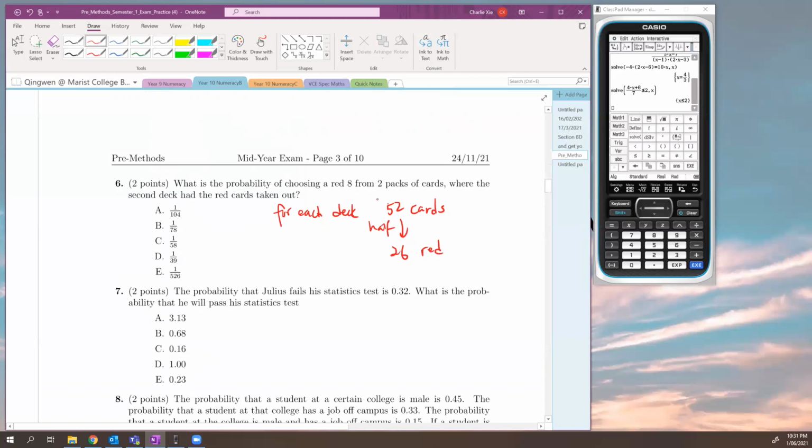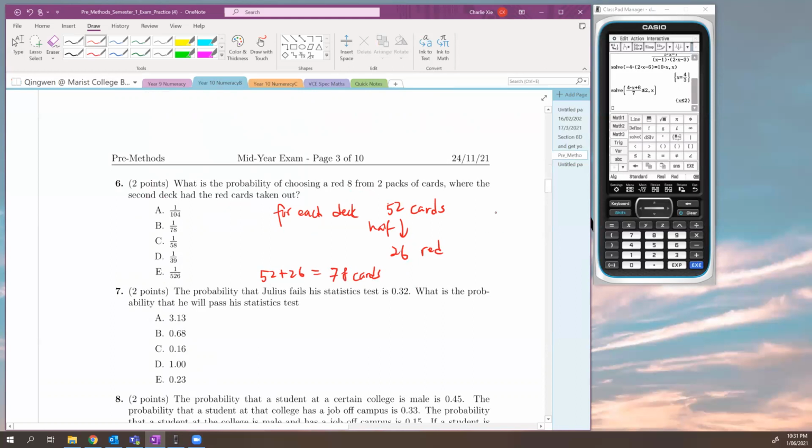If the second deck had the red card taken out, we only have 52 plus 26. The first deck is full, but the second deck is only half. So the total number would be 78 cards in total. And let's look at the number of red eights.